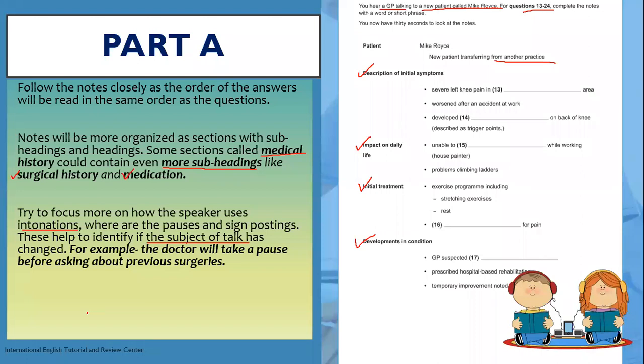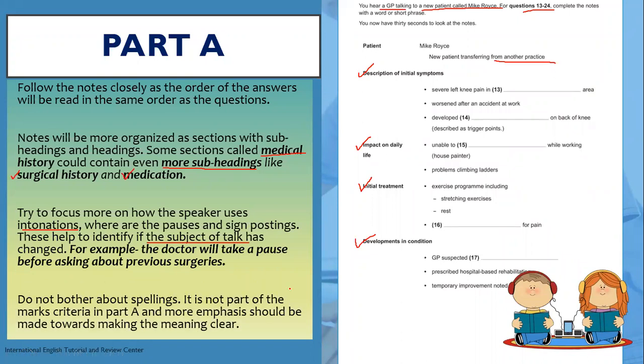Then he or she would say, "Now I'm going to ask you about your family history. Is there any of your family members who have a similar disease to what you have? Or any family members who had a history of cancer?" You will know that you will be proceeding to the next section.